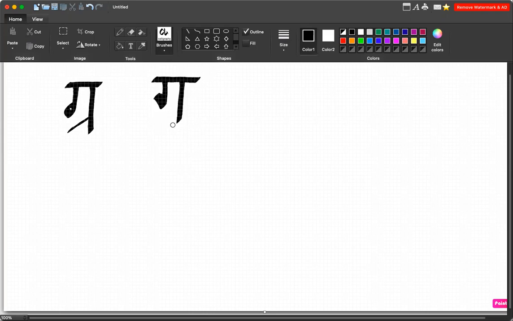So start your stroke a little bit on the left, touch the bottom part of the letter that you are writing, and take your stroke towards the right hand side and slant it towards the bottom. Then we'll write maybe ma.